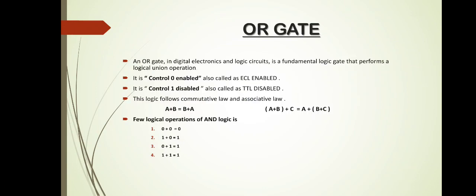The OR gate is control 0 enabled, also called ECL enabled, where ECL stands for emitter coupled logic, and the OR gate is control 1 disabled, also called TTL disabled, where TTL stands for transistor transistor logic. The logic follows the commutative law as well as the associative law. Here you can see the mathematical expressions of them.